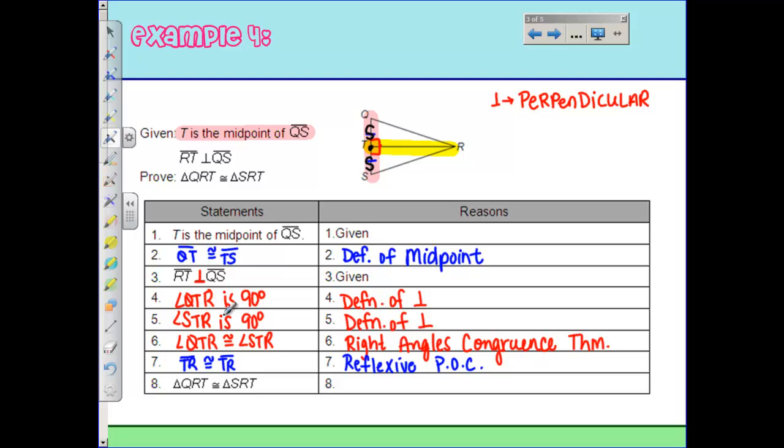QT is congruent to TS. I've got that QTR is congruent to STR, which means that's an angle, and then I've got my last side. So we finish this up with side, angle, side. What? Professional work. I'm so proud.